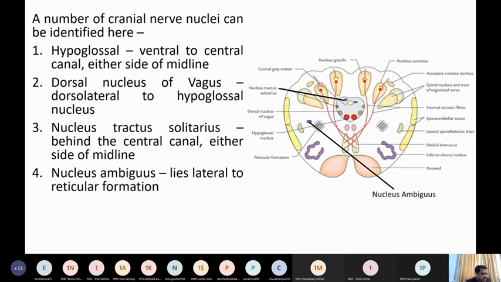Earlier we saw there is a reticular formation in the lateral funiculus. You can see here in this image, this is the reticular formation. Lateral to the reticular formation, there is a nucleus known as the nucleus ambiguus. Clear?